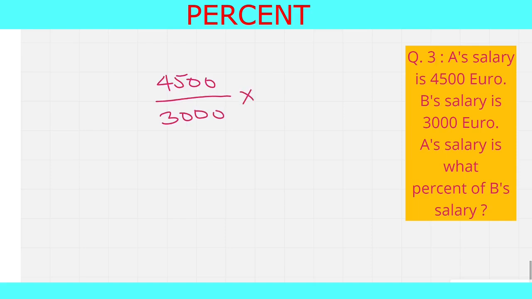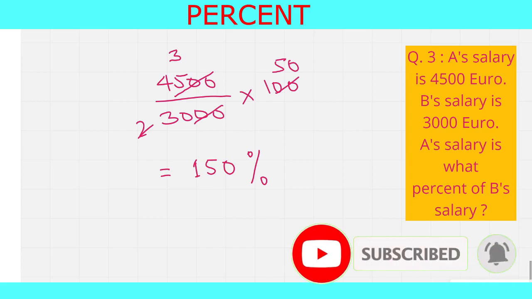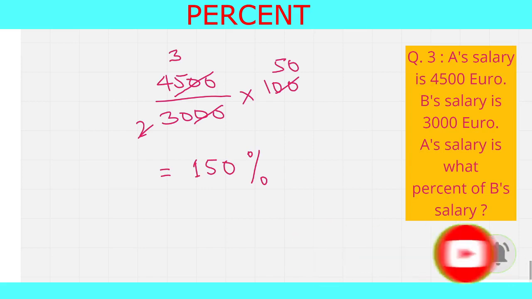Now 4,500 over 3,000 or 4,500 upon 3,000 multiplied by 100. 45 cancels by 15 for 3 times. So by dividing by 1,500 we get 3 when we divide 4,500 by 1,500, and we get 2 when we divide 3,000 by 1,500, and 2 divides 100 for 50 times. So this comes out to be 50 times 3 is 150. This gives us that A's salary is 150% of B's salary.